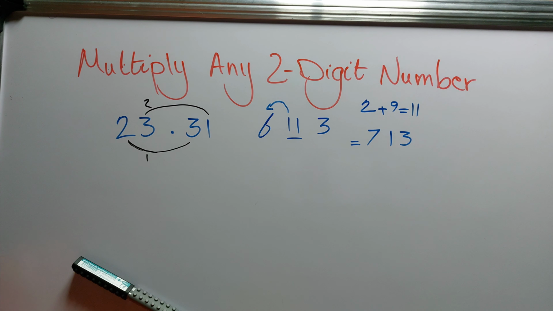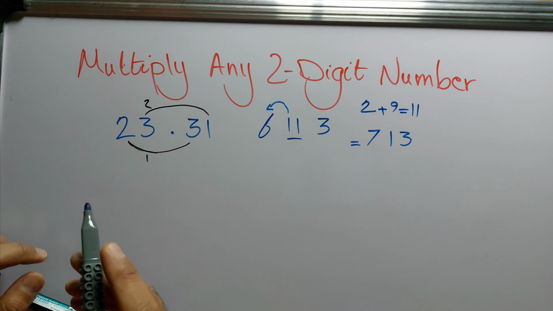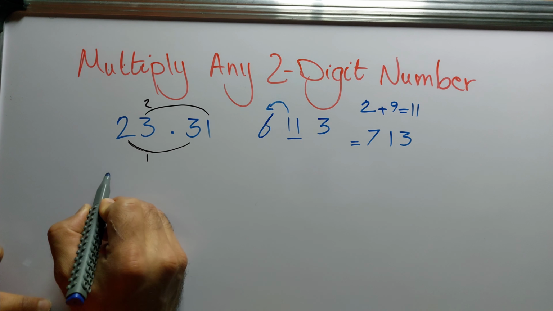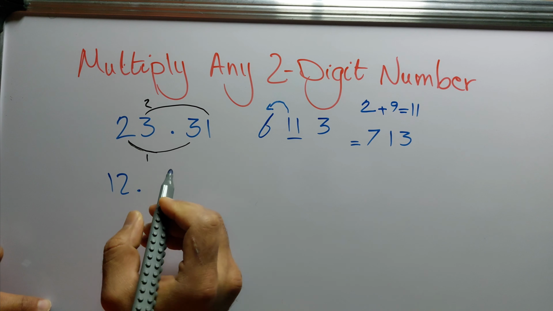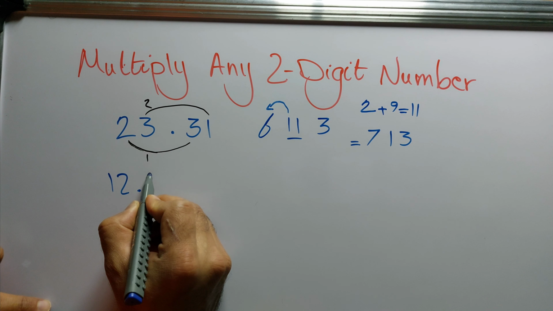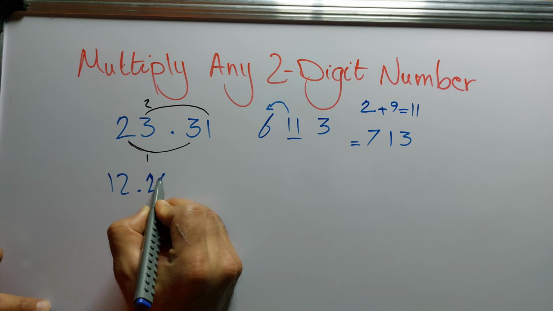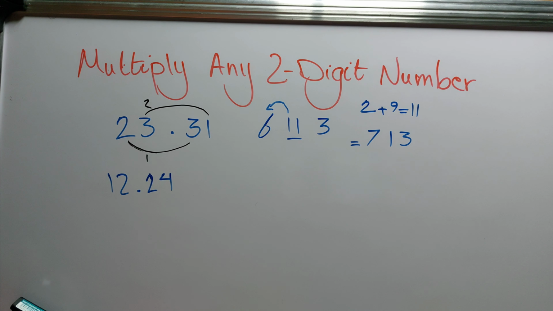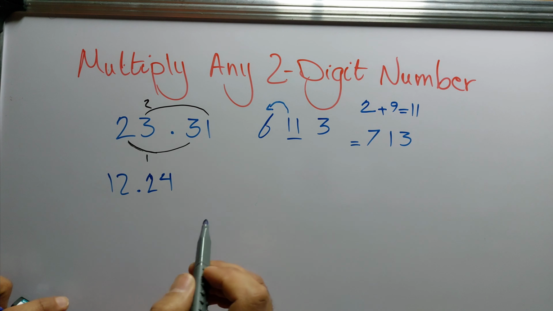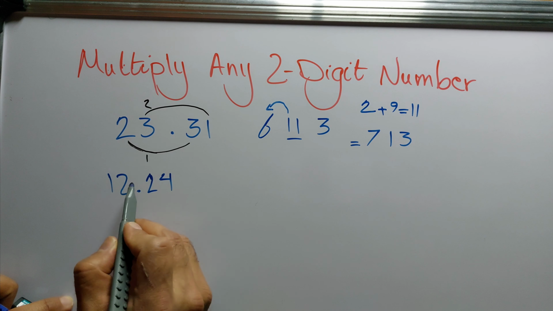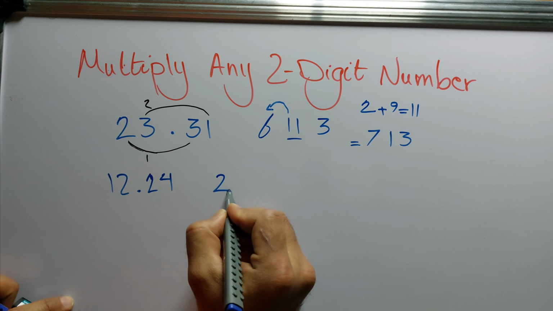Let's try another example. Let's say 12 times 24. Just quick, after a while it becomes really fast. First, the first digits, 1 times 2 is 2.